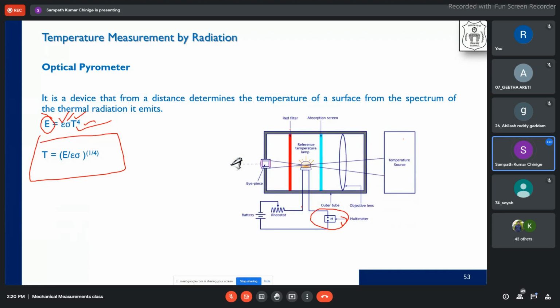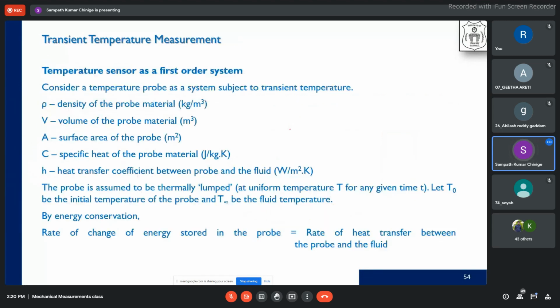Okay, so moving on, the final topic of this temperature measurement, we have unsteady state temperature measurement, where the temperature sensor, we have already seen this in the second unit itself, we are using as a first order system.